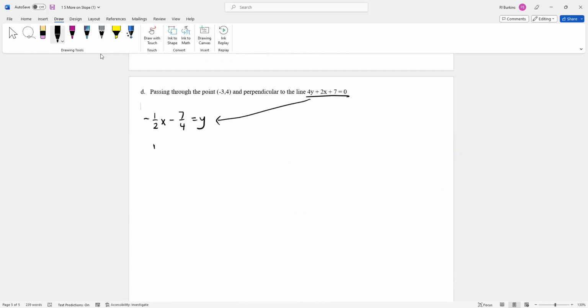So that means that the slope of the first line is minus 1/2. If they are to be perpendicular, we need the opposite reciprocal slope. So m2 must be minus 1 over m1. So that's minus 1 divided by a negative 1/2.